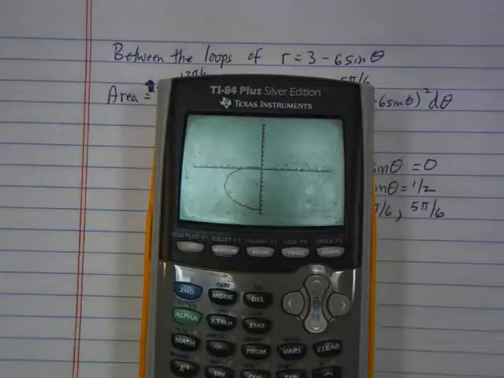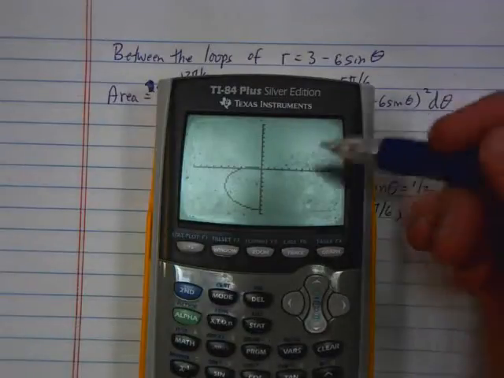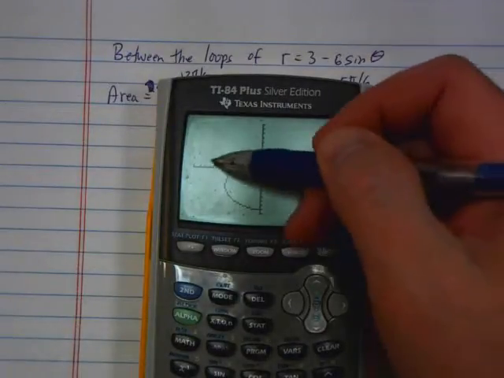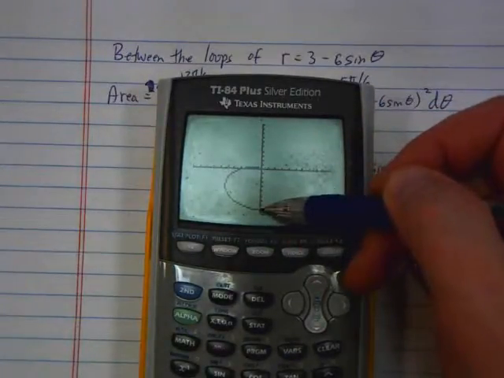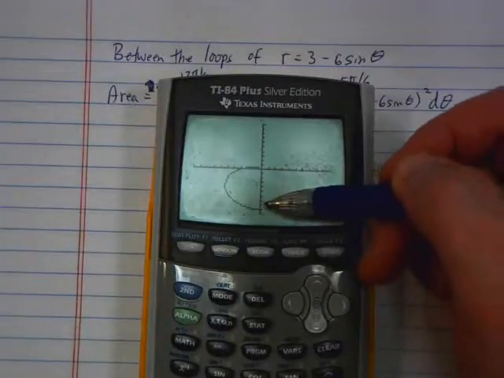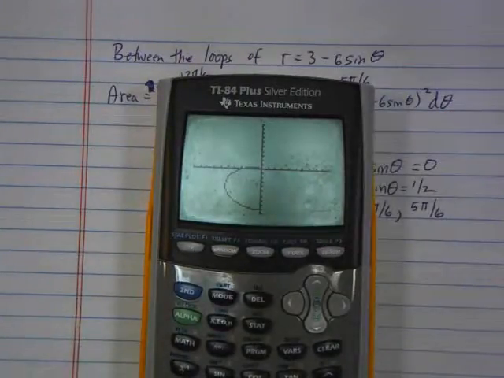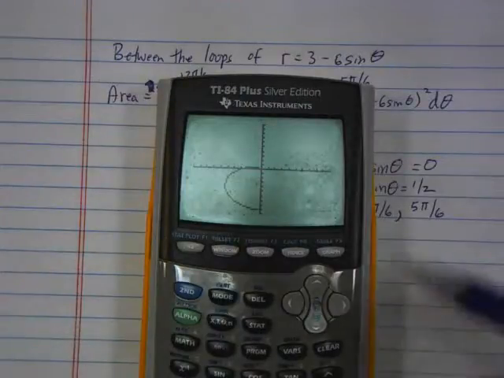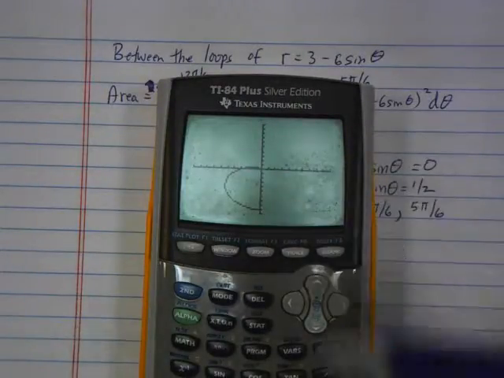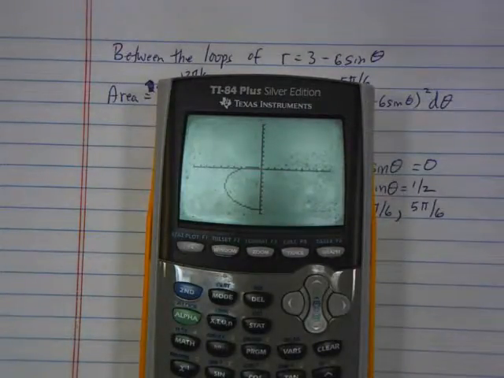And why did you think 3 pi over 2? Well, if I go from here and come around and stop right there, isn't that 3 pi over 2? Oh, yeah, that's why. That's 3 pi over 2. So I think I could have gone from 5 pi over 6 to 3 pi over 2 and then doubled my answer. I think that would have worked.